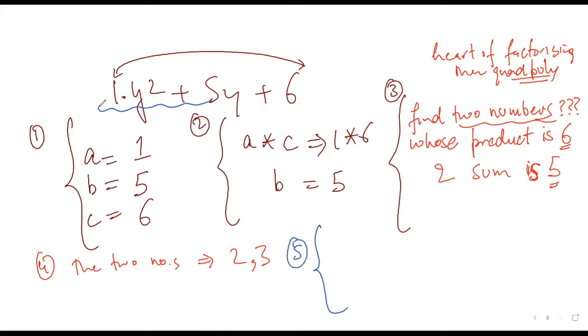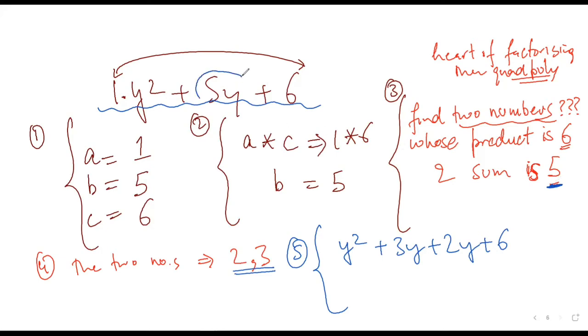We will rewrite this equation in this form, y square plus 3y plus 2y plus 6. Mr. Sarthak, are we clear till here? Yes. Whatever these two numbers are, because their sum is 5, I will split the middle term like this. Are we clear, Sarthak?